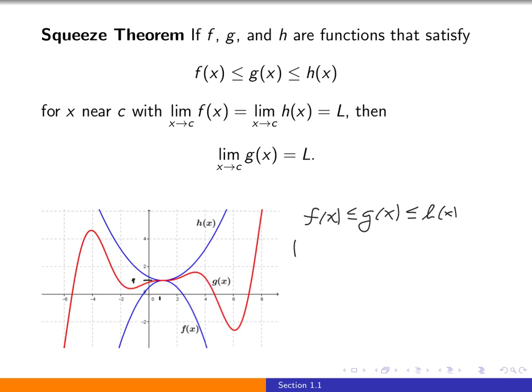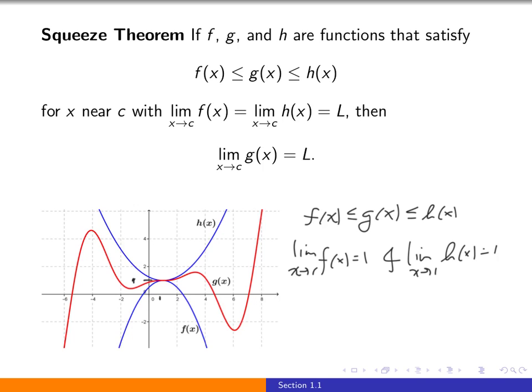And because the limit of the lower function is 1, and the limit of the upper function, the h of x, is 1. That is, when you plug in inputs close to 1, the lower function has outputs really close to 1, and the same thing with the upper function.